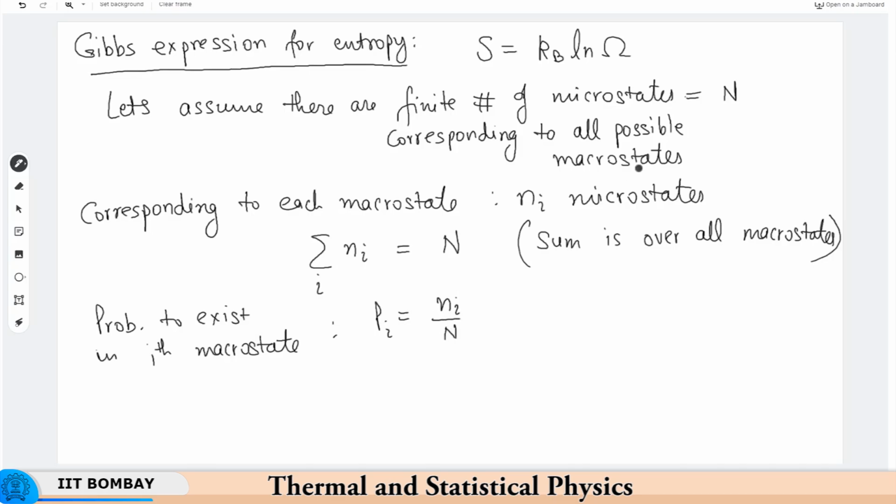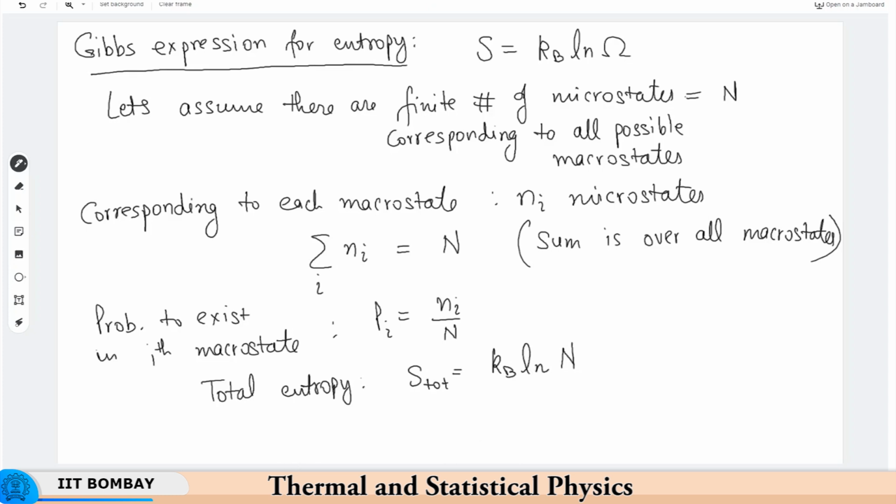And from this Gibbs expression for entropy, we know the total entropy of this system considering all the possible microstates is as follows. So, total entropy, which is S total, is Kb times log of n.